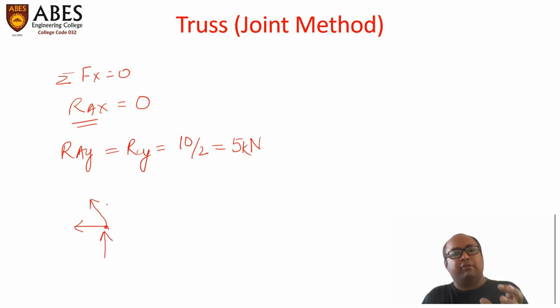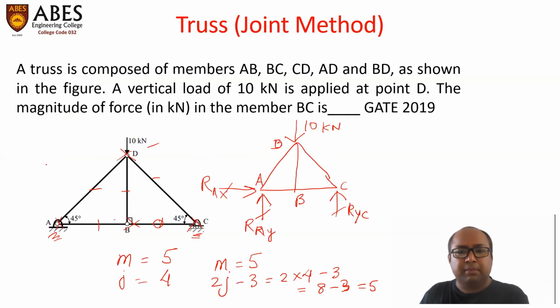While assigning direction to the forces, make sure that all the forces are moving away from the pin, so that it ensures my assumption is correct, that all the forces in the members are tensile in nature. If the value comes out to be negative, then it is compressive.